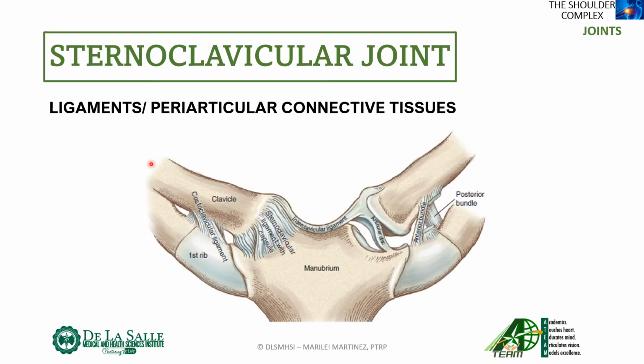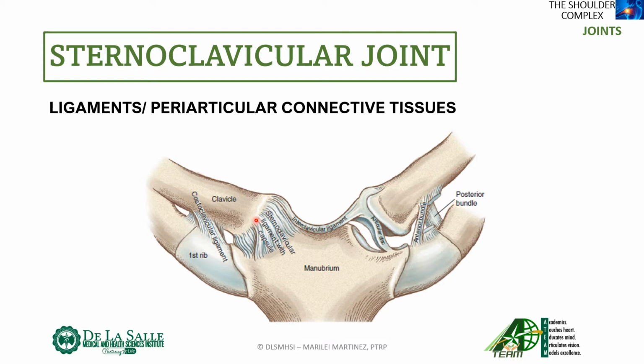So let's proceed now with the periarticular connective tissues of the sternoclavicular joint. The SC joint is enclosed by a capsule and is reinforced by the different periarticular connective tissues such as the ligaments and the muscles. Let's proceed first with the ligaments. First we have the anterior and posterior sternoclavicular ligament.